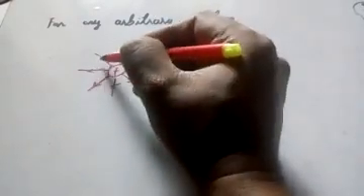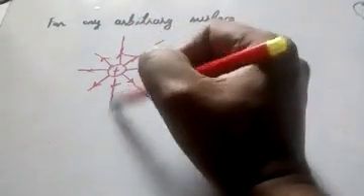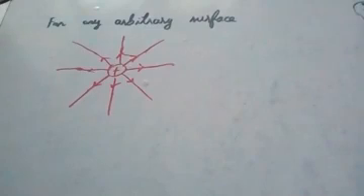Again we have a positive charge here, plus Q, and the electric field lines go outwards this way. These are electric field lines. Now let's take random surfaces. For that I'll extend this also. Now let me take 3 surfaces.